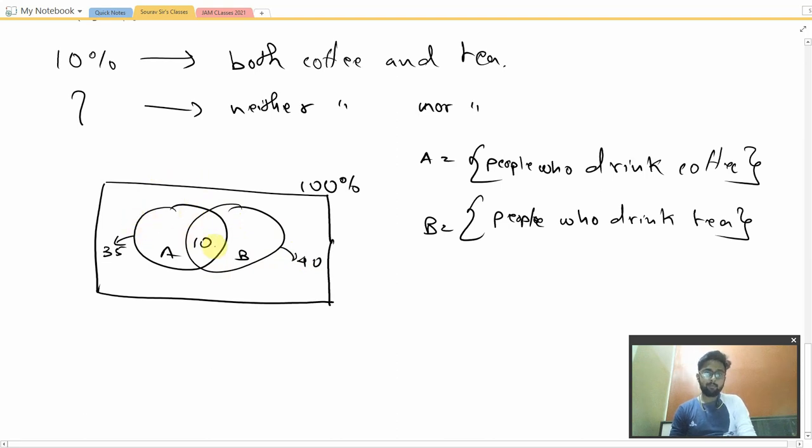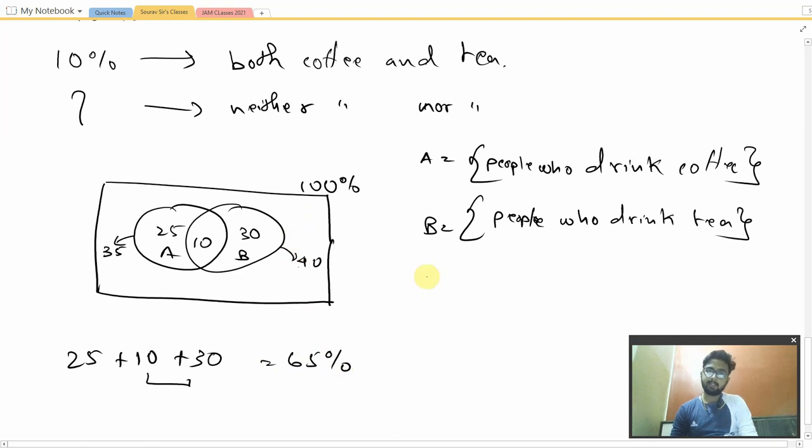From 35, if we subtract 10, the people who drink just coffee are 25, and the people who drink just tea are 40 minus 10, that is 30. So the total number of people that drink tea or coffee is 25 plus 10 plus 30, which comes out to 65%.